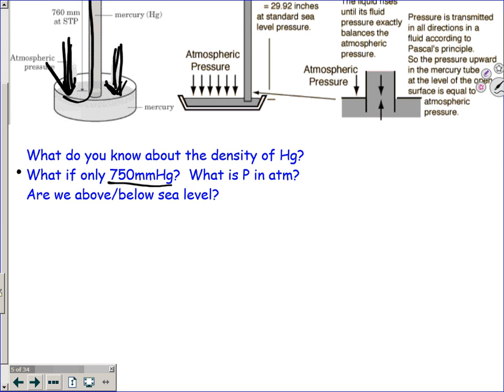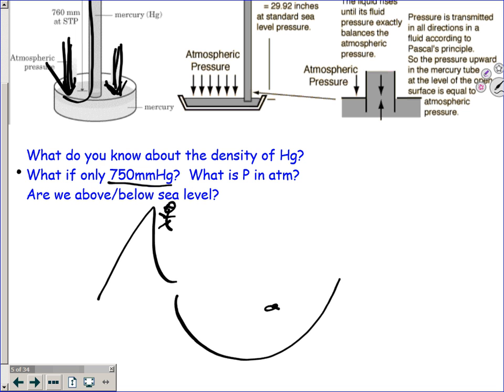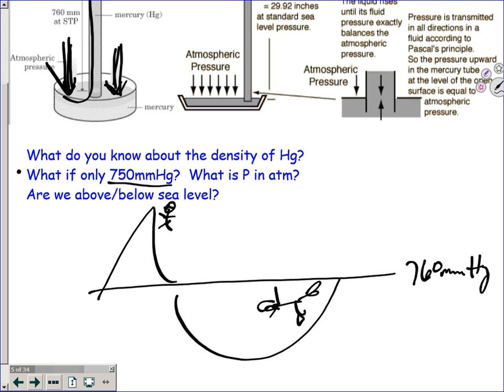Okay, so here's a mountain. Here's us with our goggles on, okay? And then here, we're swimming, flippers, arms. We're just chilling, okay? So this right here is 760 millimeters of mercury. This is sea level.